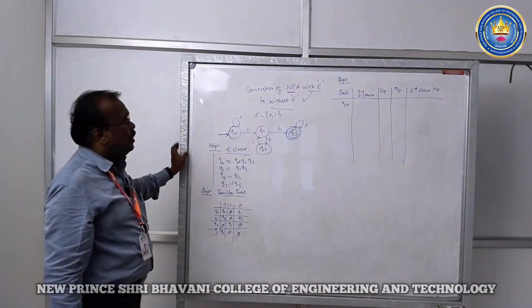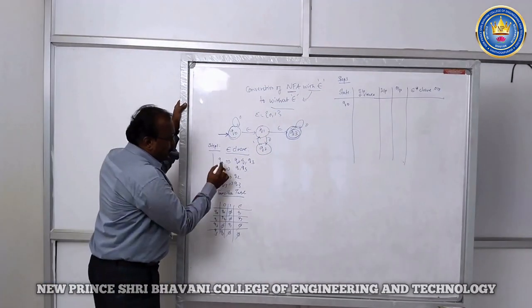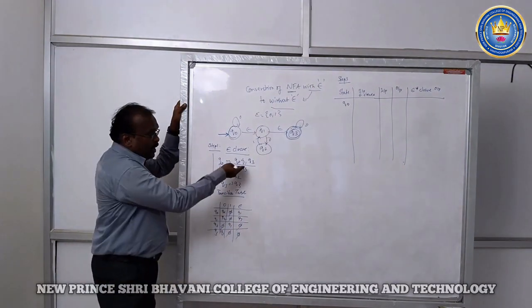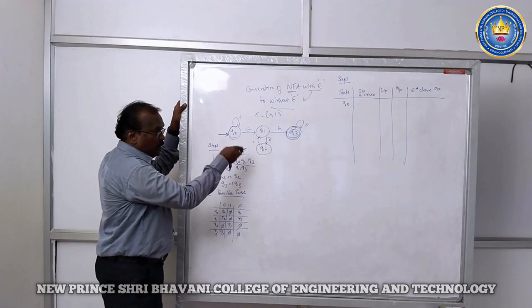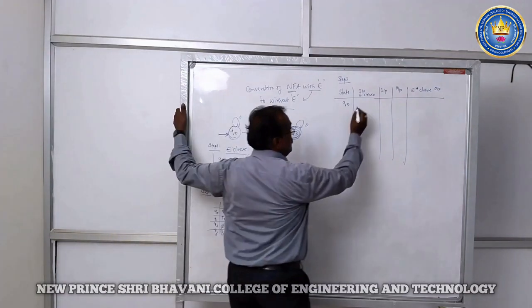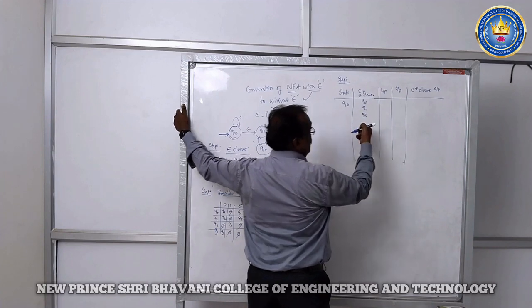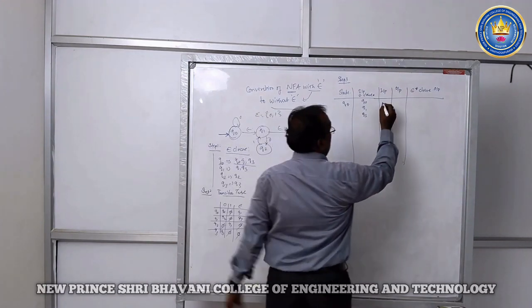So what about epsilon closure for input? So Q0, this is epsilon path, right? Q0, Q1, Q3. So we have to give the 0 and 1 for this state only. So we have to write these states: Q0, Q1 and Q3. So for this we have to apply the input 0 and 1.